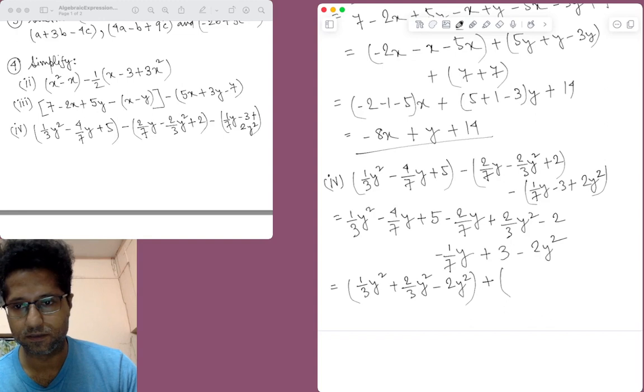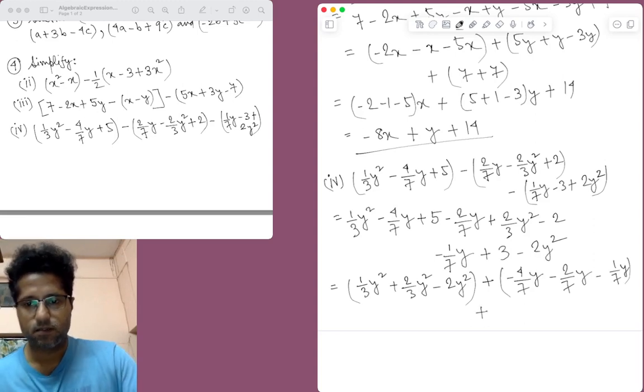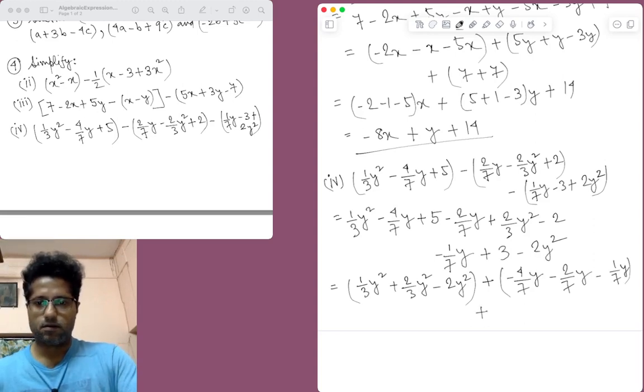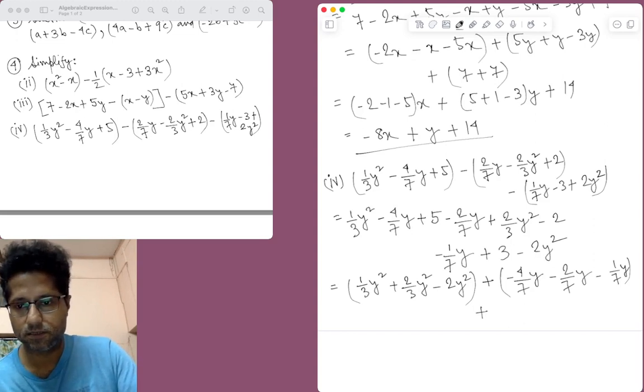So that is minus 4 by 7 y minus 2 by 7 y and minus 1 by 7 y. And let's finally collect the constant terms, that is 5 minus 2 plus 3.